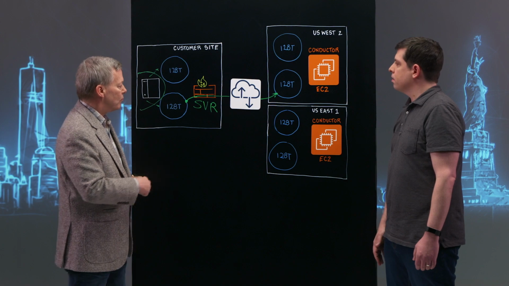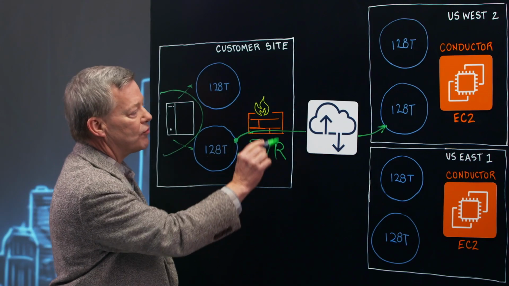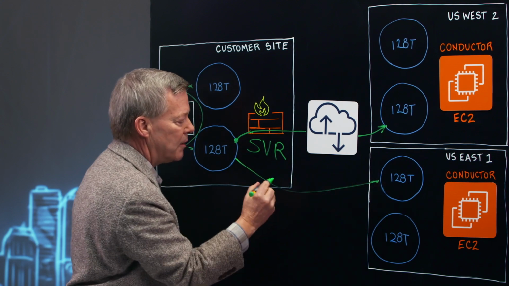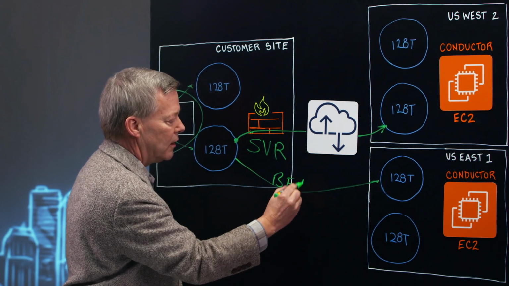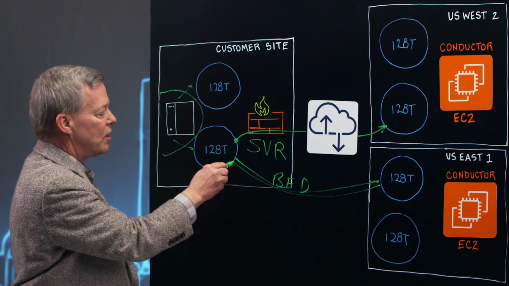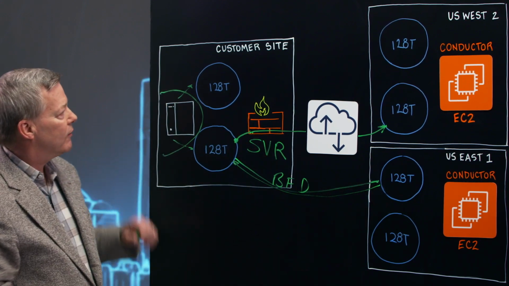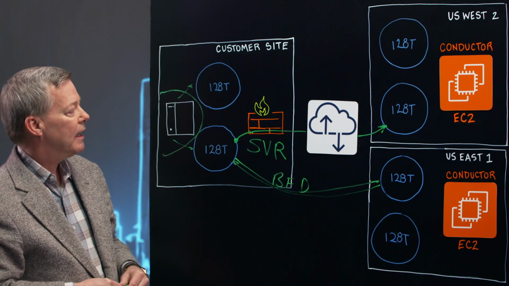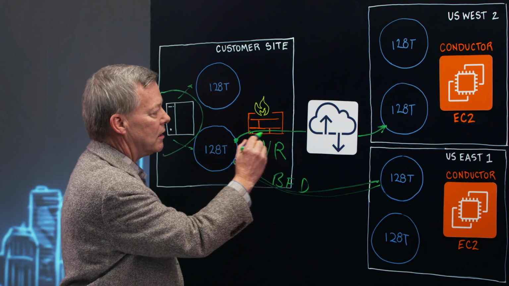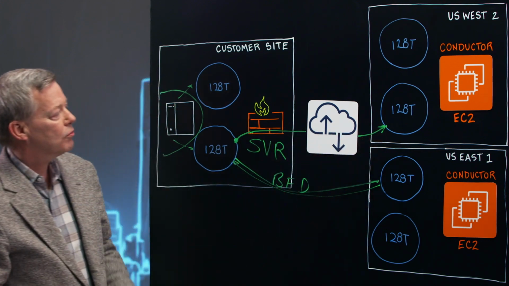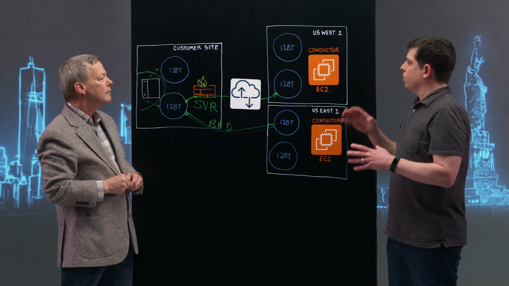We communicate to each region from each customer site using a protocol called bidirectional forwarding detection and the response. We know the latency to each region, and this customer site will pick a region based on those results. Then it will start sending its packets to the best region, which in this case is US West 2.